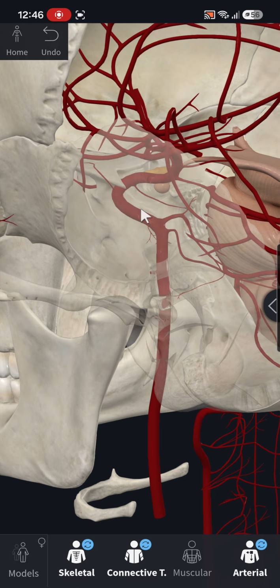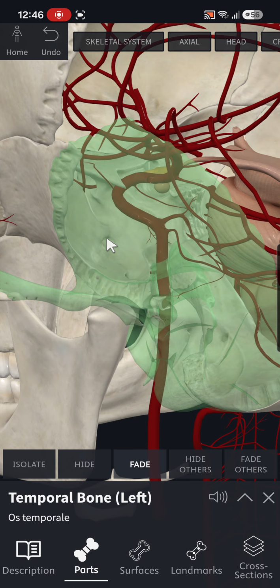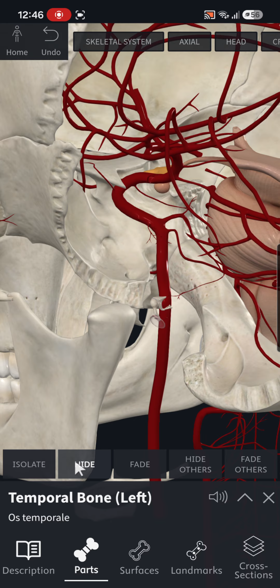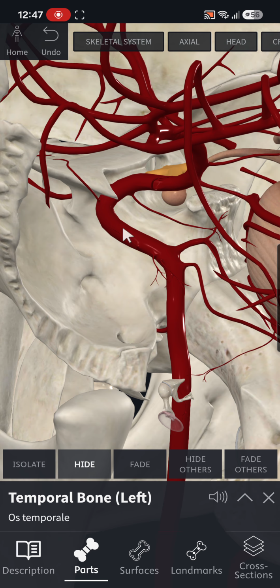And then we get to C4, which is the cavernous segment. It moves through the cavernous sinus, right? And it gives two branches, the inferior hypophyseal, because this is the pituitary, and the meningeal branch. Let me just hide the temporal bone so it's easier to visualize. So here is the cavernous segment.